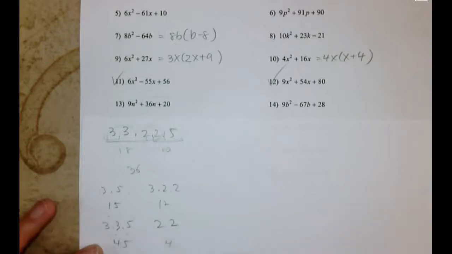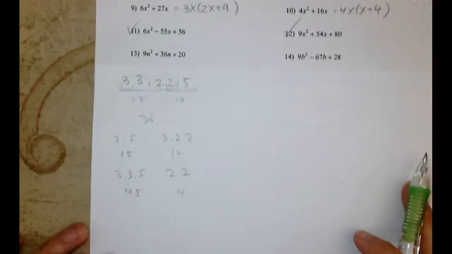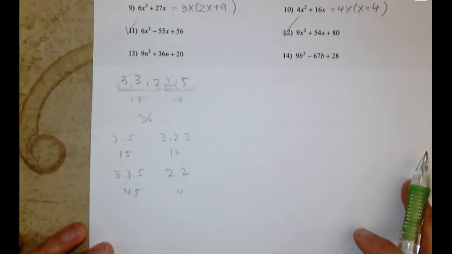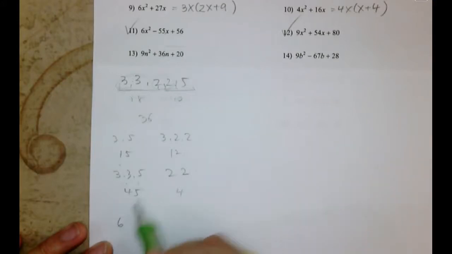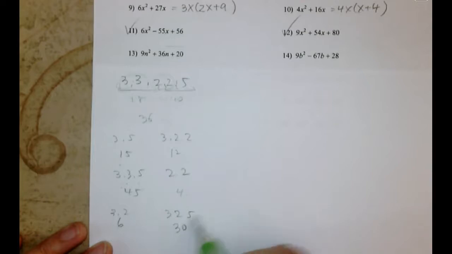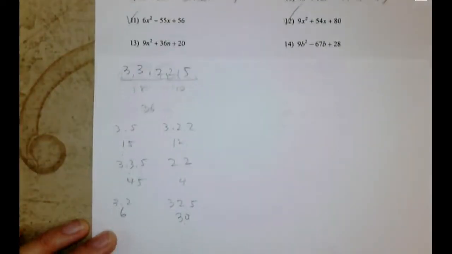That's too big. Okay, let's see. What can you do? We tried that. So how about 6? So 3 and 2, and then you got the 3, 2, and 5. That's 6, and 6 times 5 is 30, and that's 36. So it's a 6 and 30.